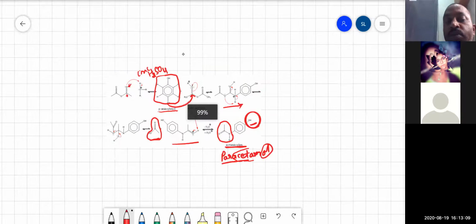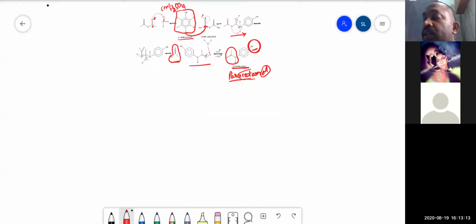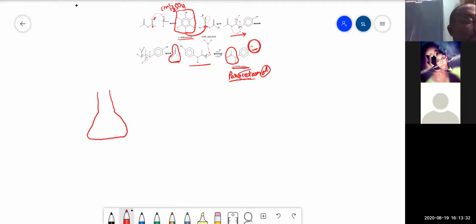Okay. Then coming to the procedure involved in the synthesis of paracetamol. What we have to do is take a 100 ml conical flask, and into it we have to add 6 grams of para-aminophenol.